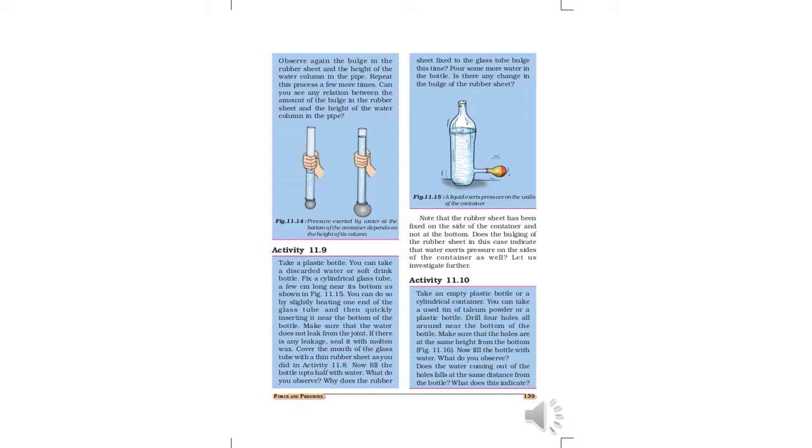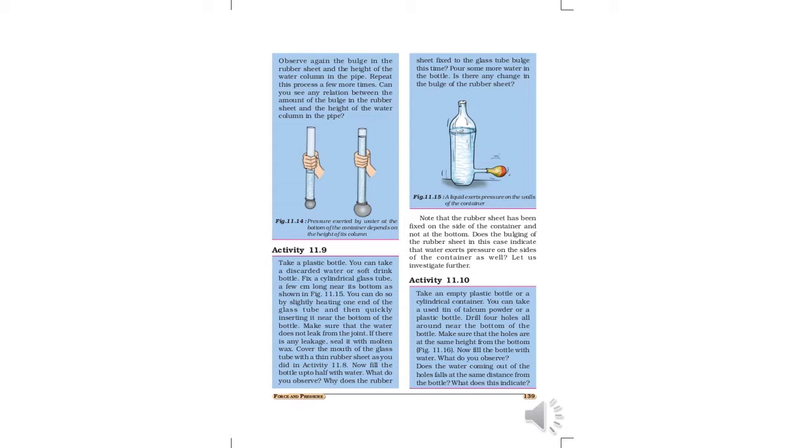Now students, this activity also you can try when you are free. You can do this activity at home and learn by yourself after seeing this type of experiment. This is a harmless experiment. Empty bottles are there. One glass tube or rubber plastic tube you can take, make a hole, insert it, and if there is leakage, apply some molten wax and seal it.